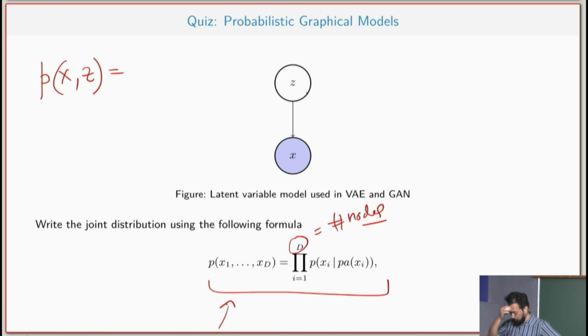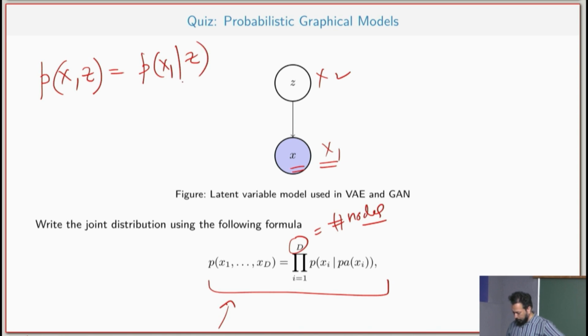So this product will go from 1 to d. Let us start with i equals 1. Let us say this is our x1, this is our x2. So p of x1 given parent of x1, and the parent of x1, which in our case is x, is z.